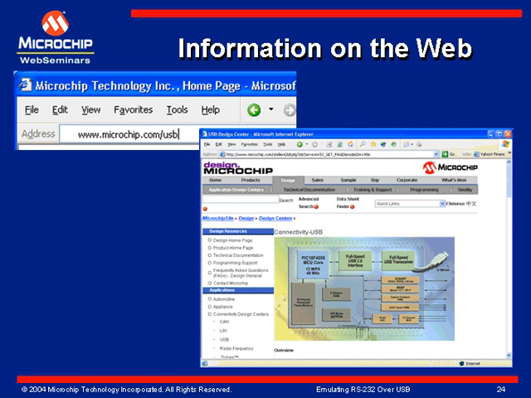In there, you can find a wealth of information. But for this particular reference to the CDC firmware, you just have to scroll down toward the middle of that page, and there's a link to the communication device class firmware. Click on there, and it will take you to the following page.